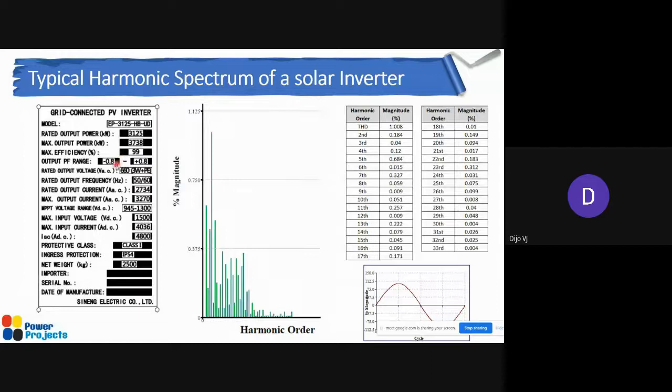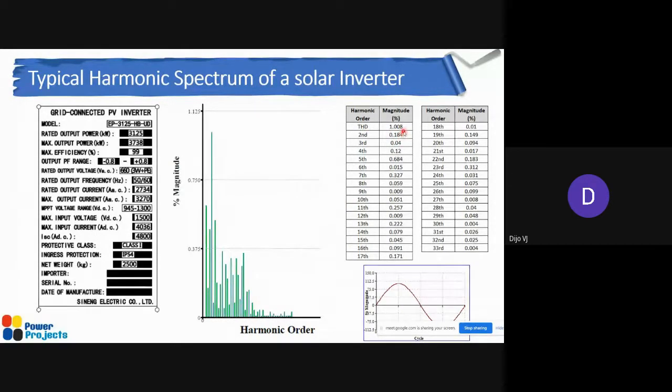It can give MVAR into the system also, within this power factor range. And for this grid connected inverter, how much harmonic content can be injected into the system. You can see here, this is the harmonic content, tabulated also. If you see here, THD is only 1.008.